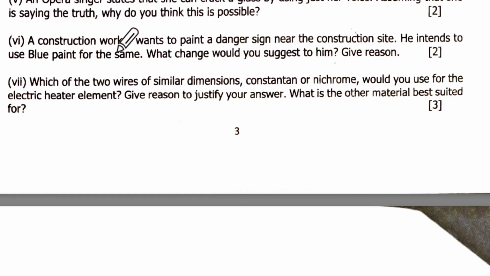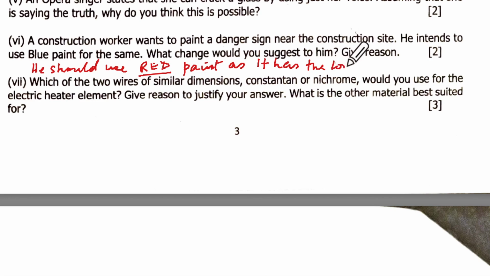Let us look at this. You can have a look at it, okay? A construction worker wants to paint the danger signal near the construction site. He tends to use blue paint. Isn't he being silly? What change would you suggest to him? To use red paint. He should use Red paint, put red in capital, as it has the longest wavelength, correct?